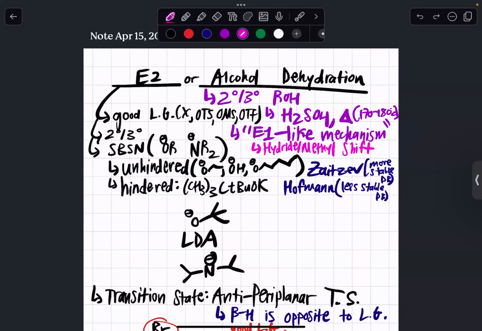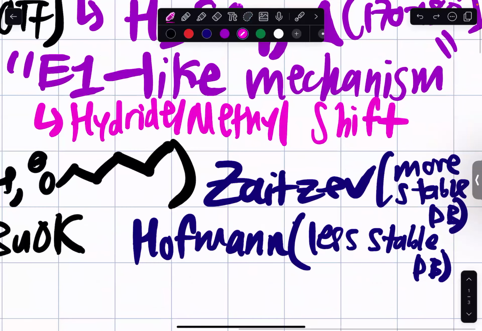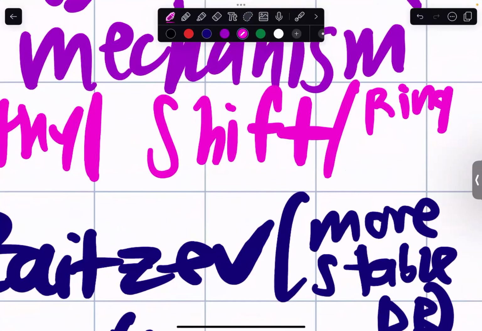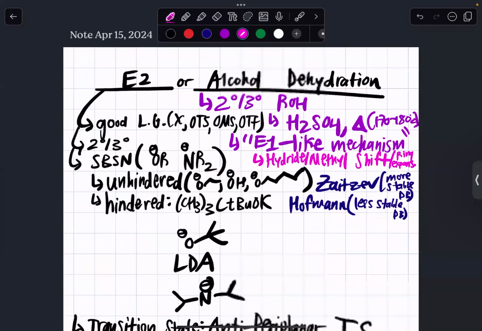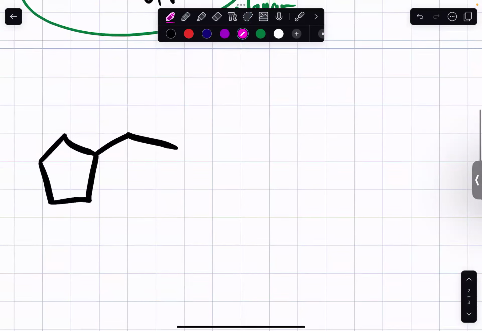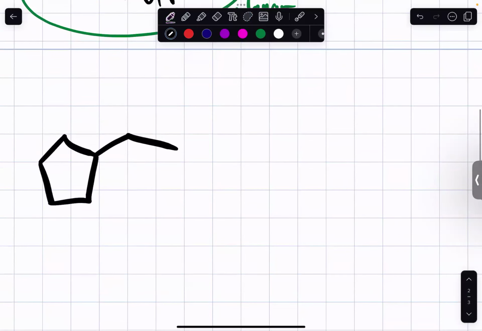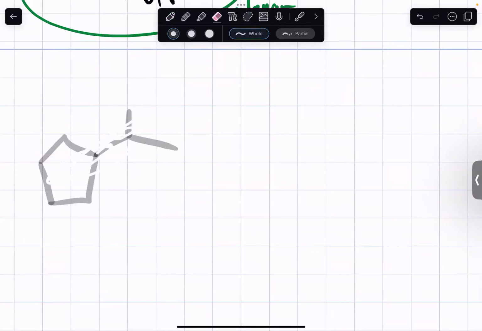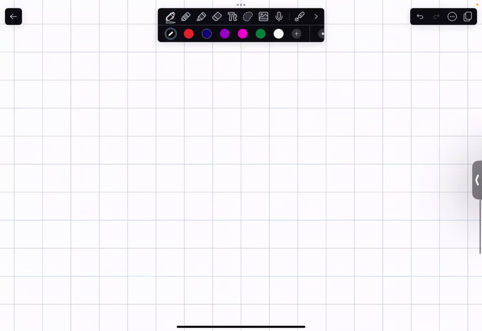Yeah, a bigger, more stable ring. Or let's say ring expansion. Yeah, that's right. We didn't go over an example of that for 118A, but there could be an example of that for 118B. So before we do that, let me just do three examples.